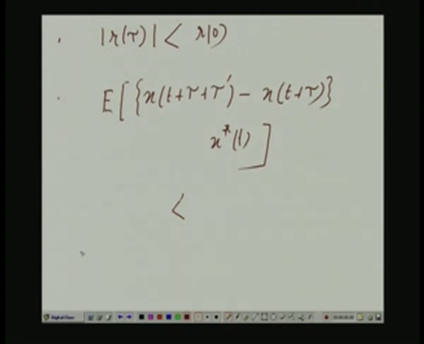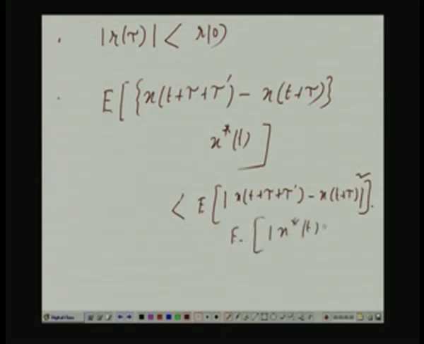It will be less than the expected value of, that is the variance of the first term into the variance of the second term, that is expected value of mod of x t plus tau prime minus x t plus tau, whole square, into expected value of mod of x star t square.